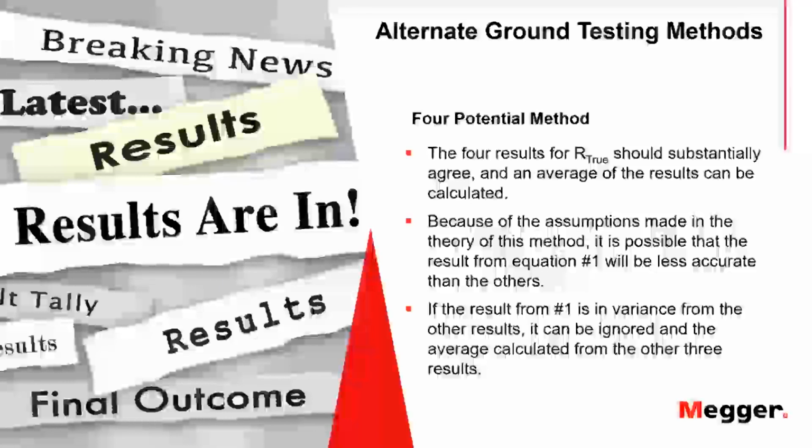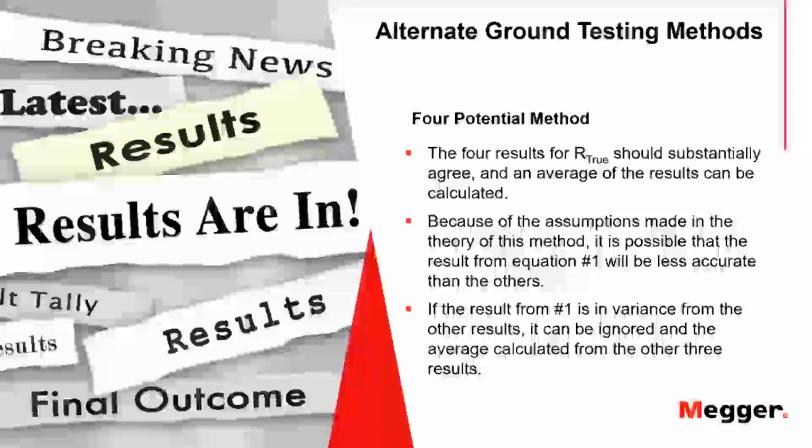But if it's out of line, you can use the other three, and they still work reasonably well. You run them through your math calculations, and you don't expect them to be dead on, but they should be within a reasonable agreement of each other, and then that's your test result, and you can submit that as your test report.